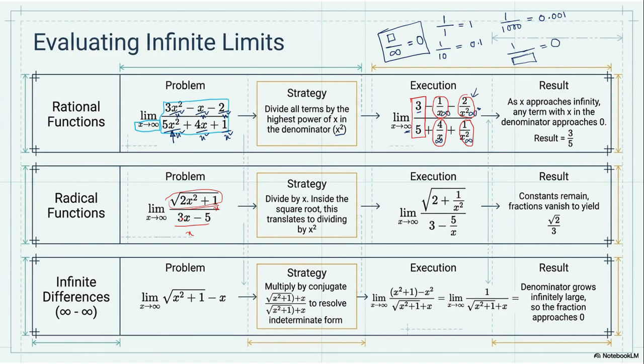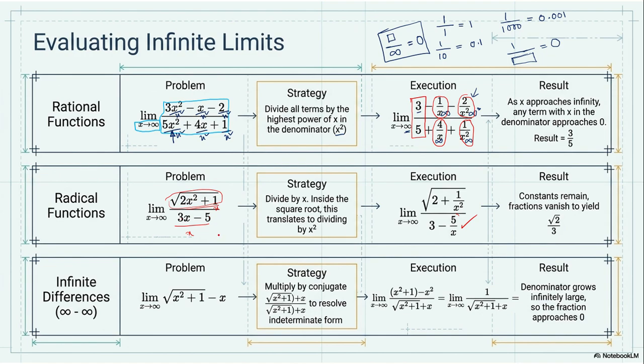It will be 3 minus 5 by x. And since x is outside the square root, if we take it inside the square root, x will become x square.